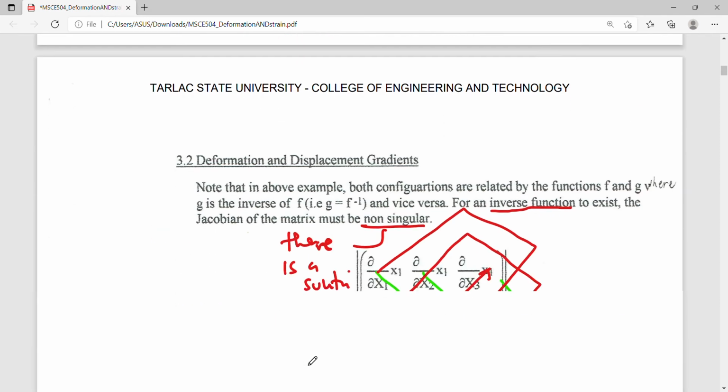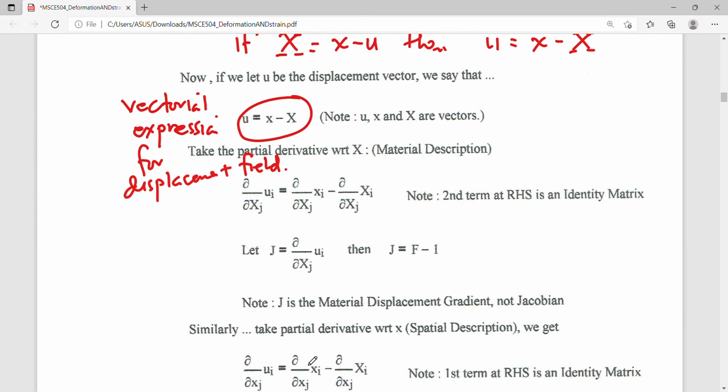So this is now a Lagrangian description or a material description. They're just the same. Okay, so partial of ui with respect to capital Xj is equal to partial of small xi with respect to capital Xj minus partial of capital Xi with respect to capital Xj.